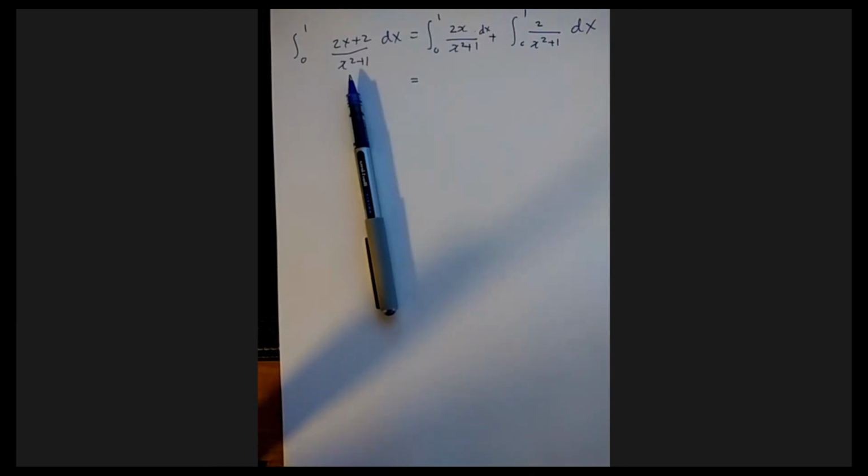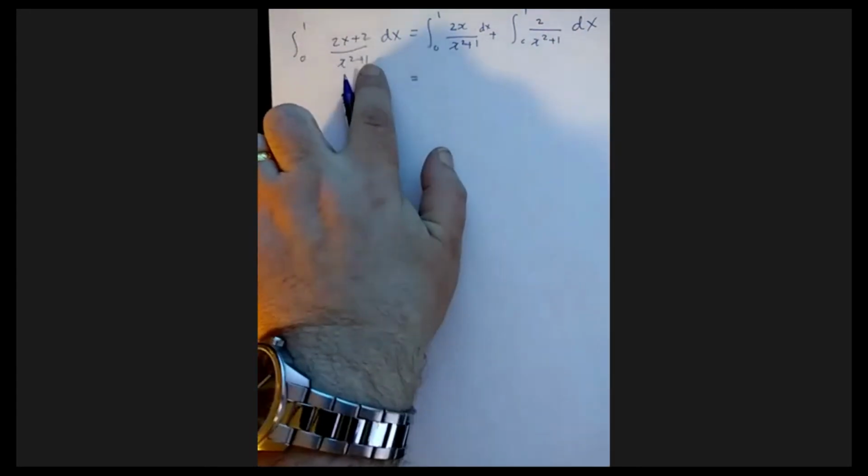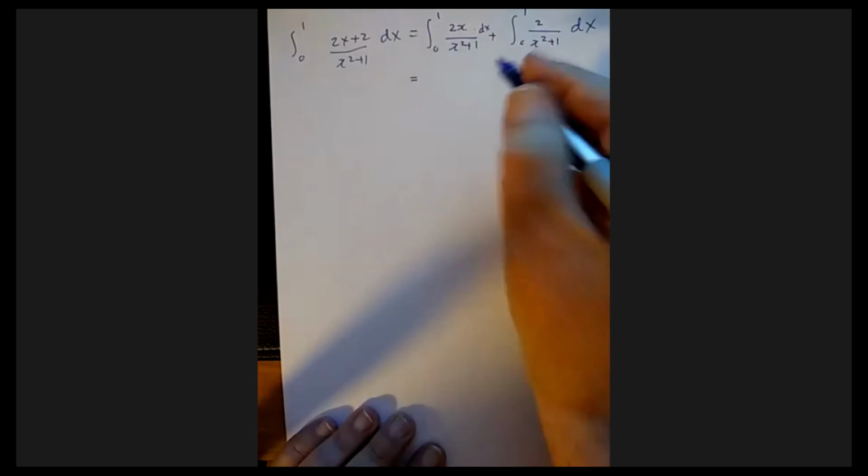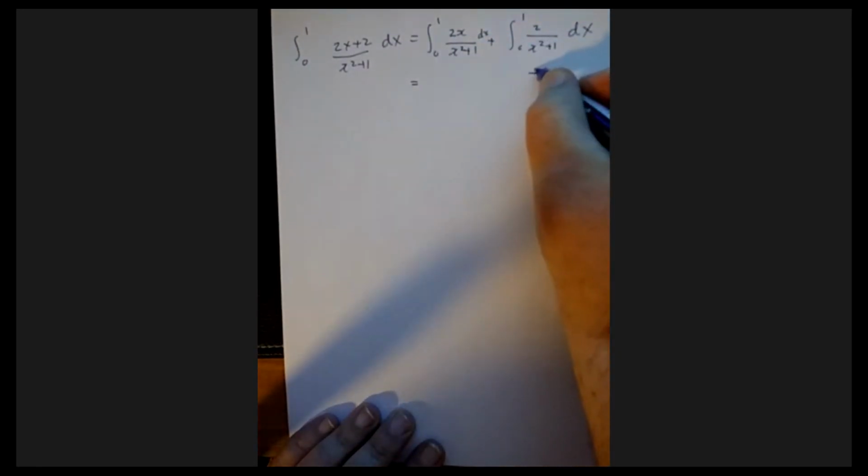There are no real strategies. If I tried to do a u-sub on that question, the way it's written here, I would get bits left over that I couldn't handle, and the u-sub would disappear. Now that I've got it in these two parts, this fella here can be integrated.